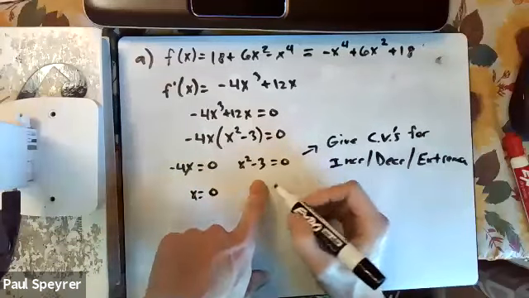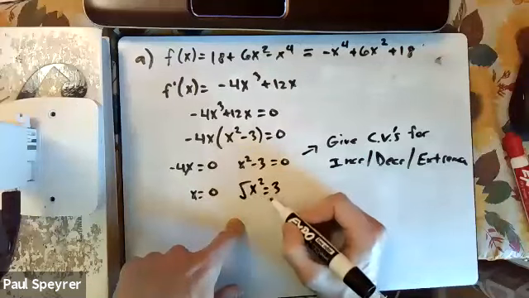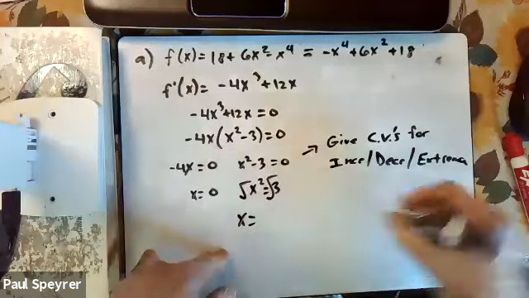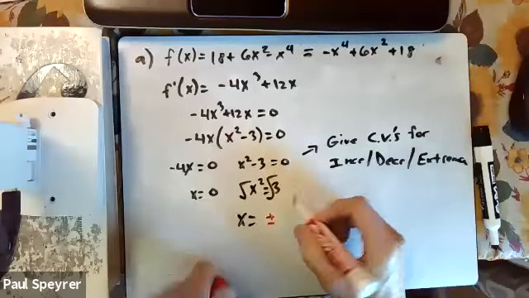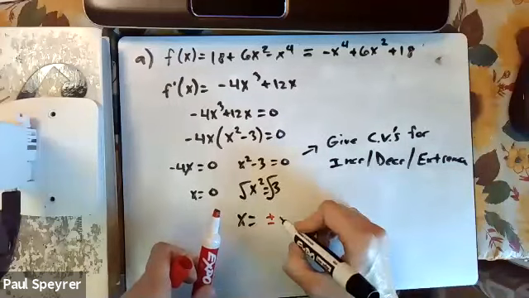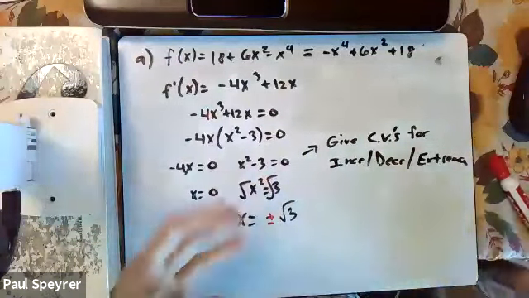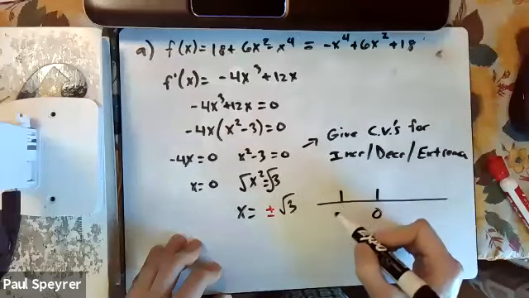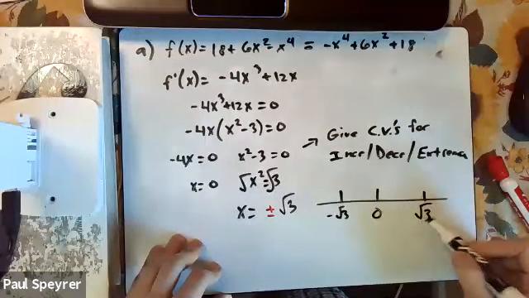This one, when you solve it, we get x squared equals 3, but then you have to take the square root of both sides. So what do you wind up with? X equals plus or minus the square root of 3. So we have 3 critical values right here: 0, negative root 3, and positive root 3.